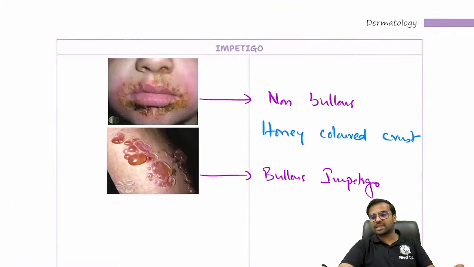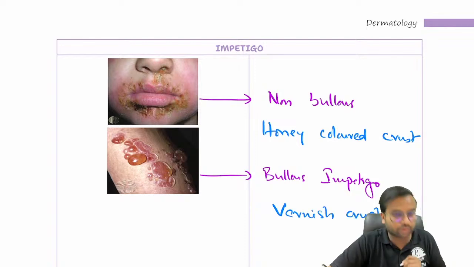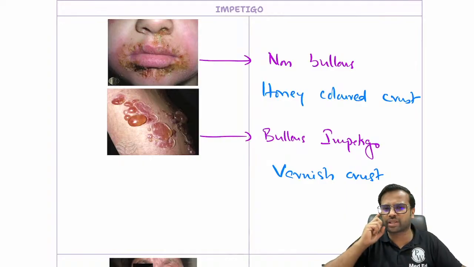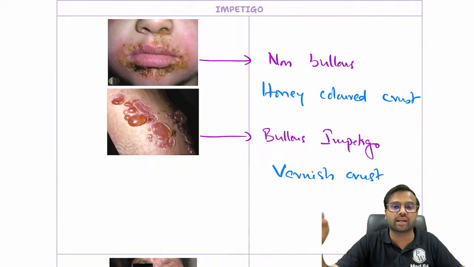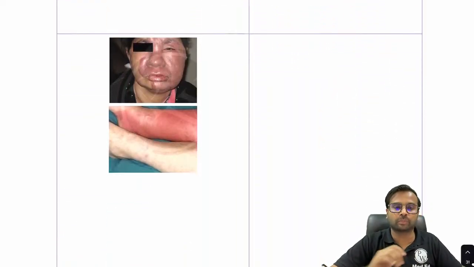The color of the crust is going to be a varnish crust. So brown color or a varnish crust, think about bullous impetigo, whereas golden yellow honey colored crust is going to be non-bullous impetigo.